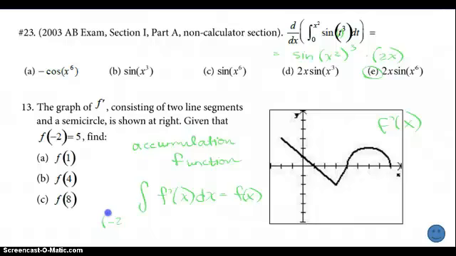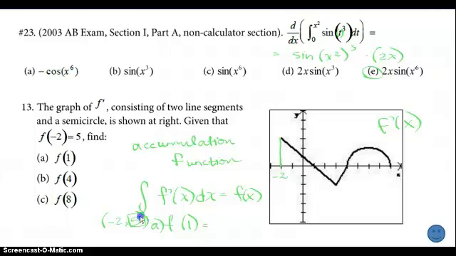So there is a point on f that is negative 2, 5. So once I get right here, this is x of negative 2, the output of the original function is 5. So what would the output of the original function be at x equal 1? That's what part A is asking for here.